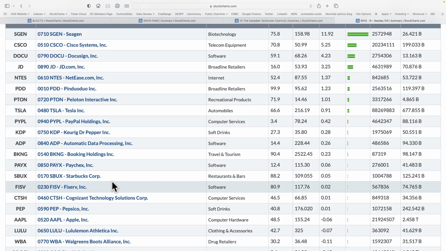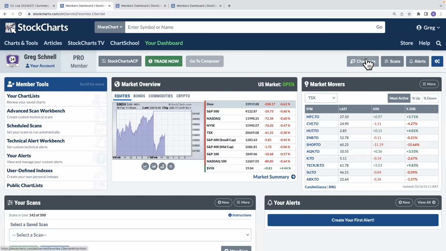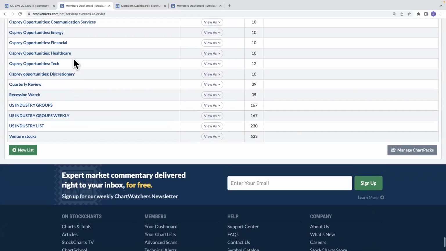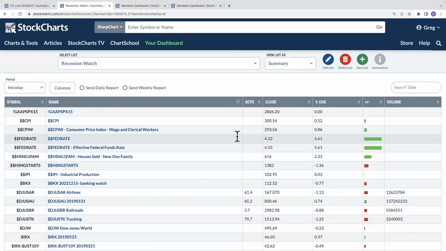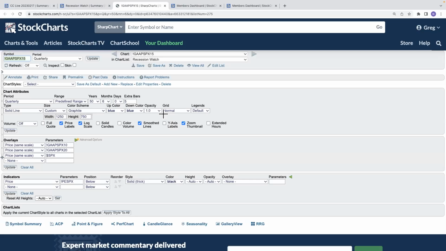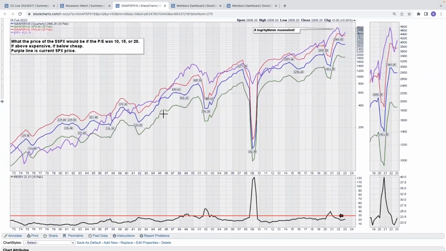One last thing that I'd like to show you in the chart lists. So again, we're going to go to the chart list tab, but we're going to go all the way to the bottom. And what I've done is I've set up some really rare stuff down here. So this is recession watch. And the idea is in this particular group, you want to start to look through and see how, if a recession is developing, there's some charts that should start to show up.